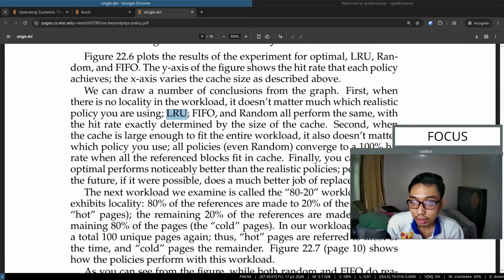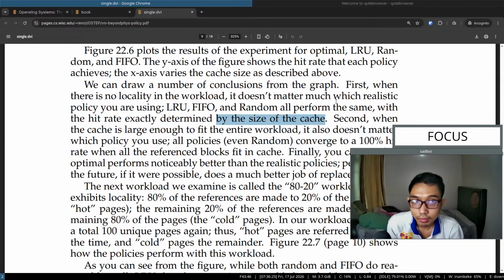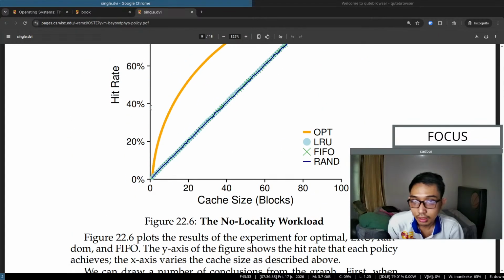LRU, FIFO, and random all perform the same, with the hit rate exactly determined by the size of the cache.